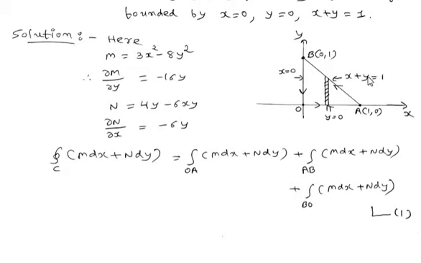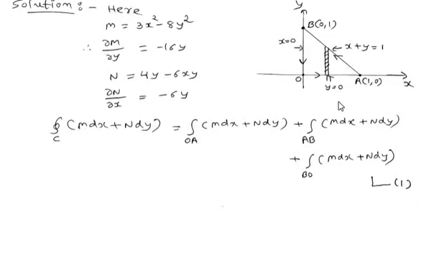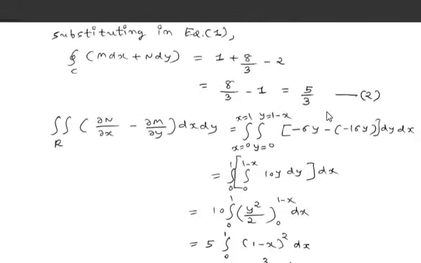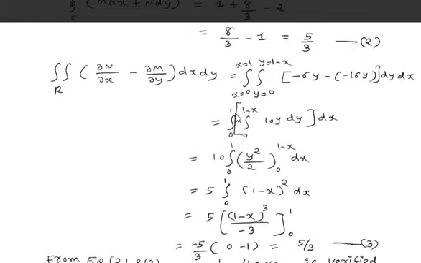From here make y the subject, so y equals 1 minus x. So the inner limit of y will vary from 0 to 1 minus x. Now x will vary from 0 to 1 and y will vary from 0 to 1 minus x.